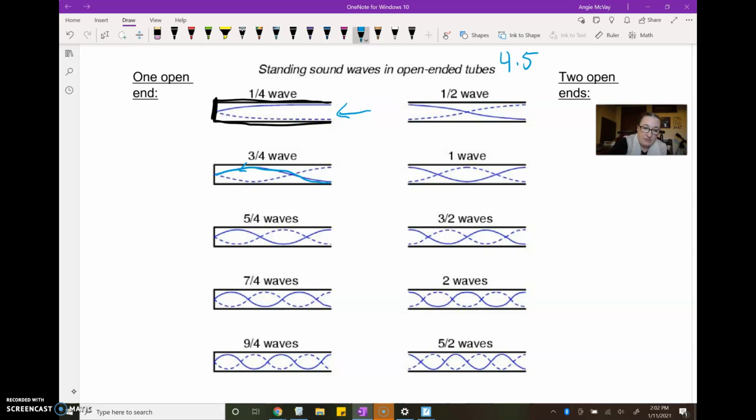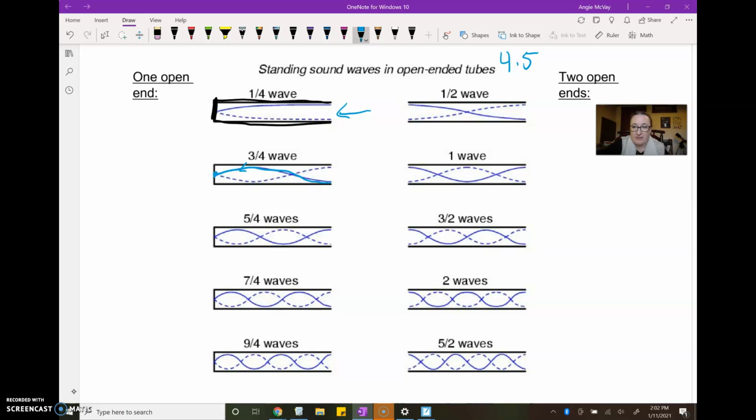When you've got a closed end of your tube, that acts like a fixed boundary. If you remember our PhET simulation, the sound wave goes into the tube, the sound wave hits the closed end of the pipe, and that acts like a fixed boundary.